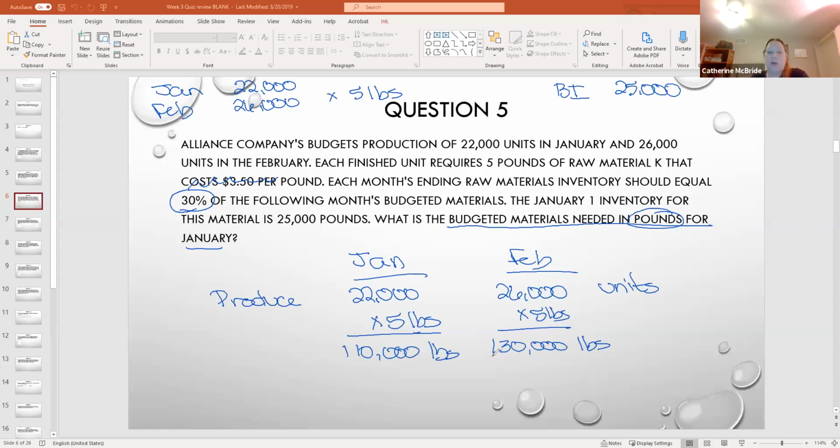So I need to know how much I need in ending inventory for January. So I know that I need 30% in ending inventory. So I'm going to take the 130,000 times 30%, and I see, okay, I'm going to need 39,000 pounds in ending inventory.